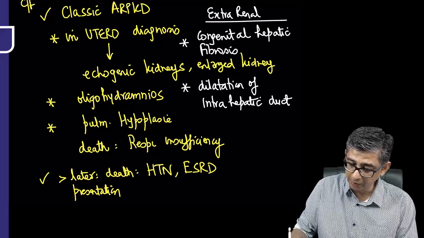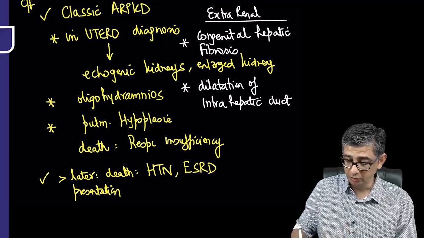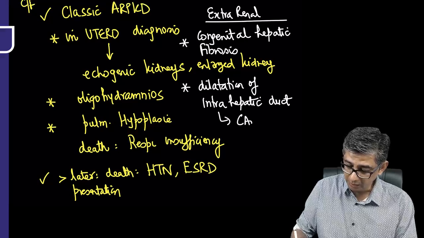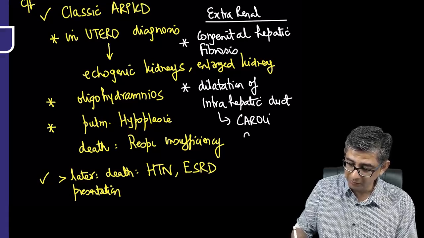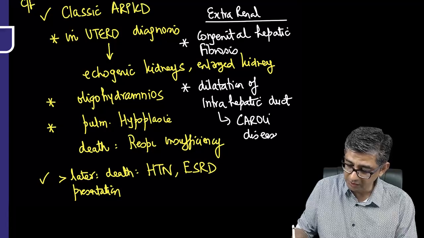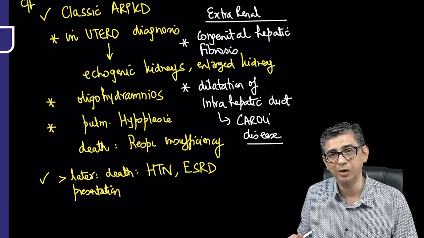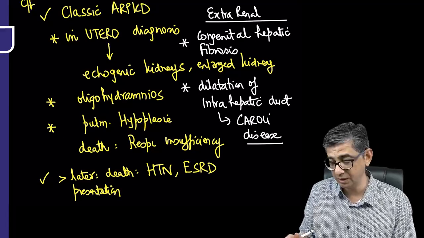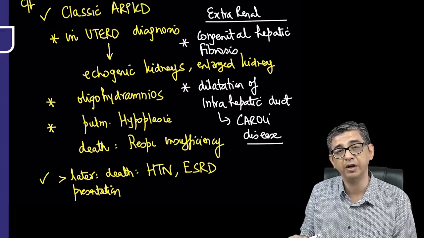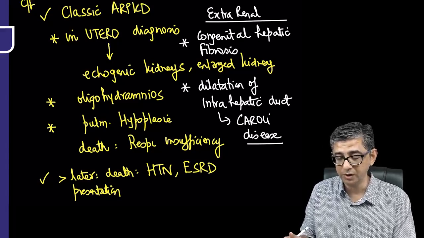Because of the intrahepatic duct dilatation, a simultaneous manifestation present in these patients is called Caroli's disease, which is one of the varieties of choledochal cyst that you study in surgery, in Todani's classification. I'm talking about the type 5 variety here, which is called Caroli's disease.